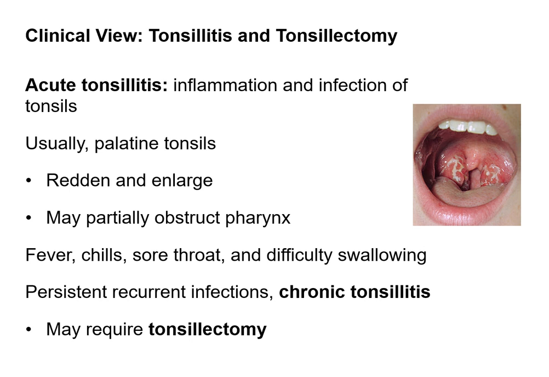They'll become swollen and reddened, and they may block off part of the oropharynx, making swallowing and breathing a little bit more difficult. If you have chronic tonsillitis, you may have your tonsils removed. So you listening to this, you may have had your tonsils removed at some point in your history.